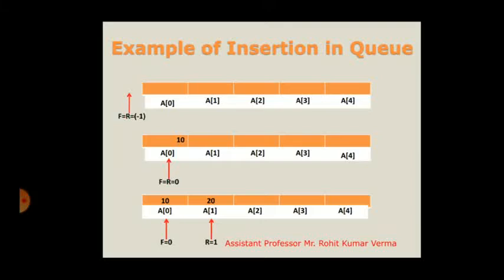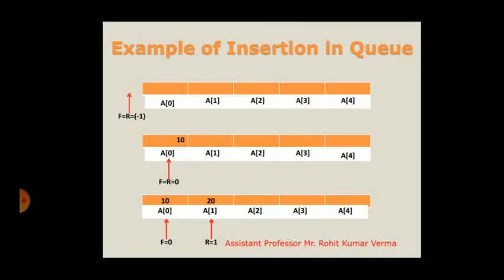Dear students, what you have to remember in case of insert operation is that your rear pointer always proceeds to the next location. And in case of deletion operation, your front pointer always moves to the next location. So here whenever we add 20, our rear pointer moves to A1.